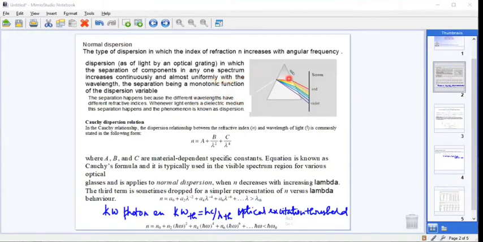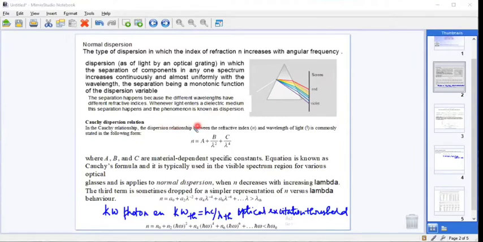Whenever light enters a dielectric medium, this separation happens, and the phenomenon is known as dispersion. In simple terms, it is the variation of refractive index with wavelength.